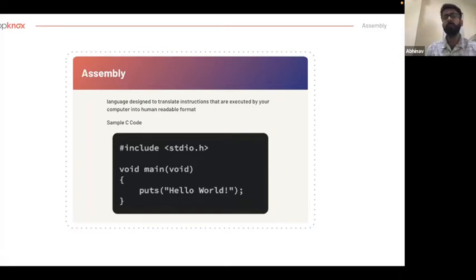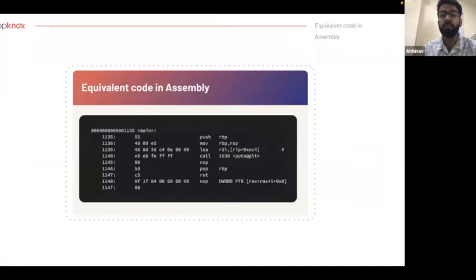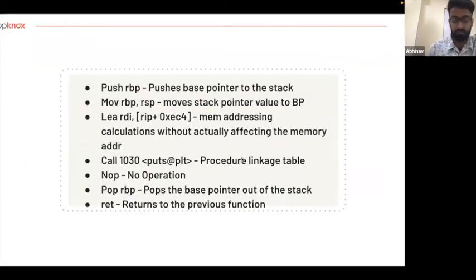supposed to do. But on the machine level, when you look at the assembly code, we see a PLT at the puts. PLT stands for procedure linkage table. It is primarily used for loading modules, loading definitions from other modules.